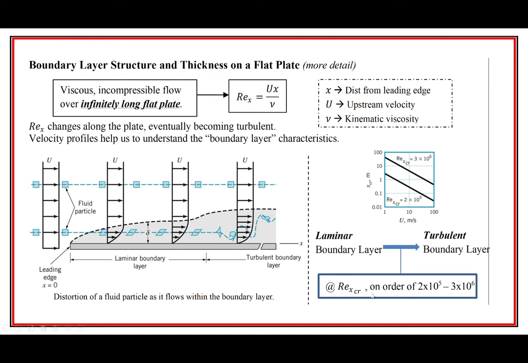But you can see the critical location can be anywhere between 200,000 and 3 million of the Reynolds number as it relates to this position. I should say that not all Reynolds numbers are comparable to each other. We have to compare like with like, in the sense of how we're using it. And this one with the subscript X is a Reynolds number describing something that's changing as the flow starts to develop.